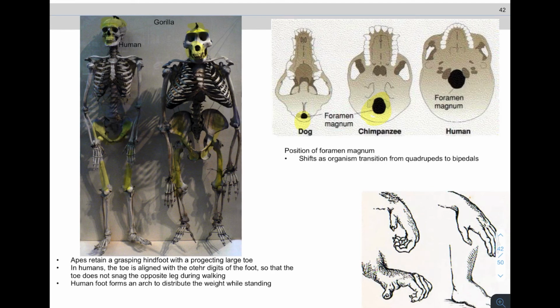And then the shift is even more significant in a human, of course, because we are bipedal, so that foramen magnum shifts much more so right under us, because out of the foramen magnum comes the spinal cord, which means the vertebrae would be moving straight down from there.